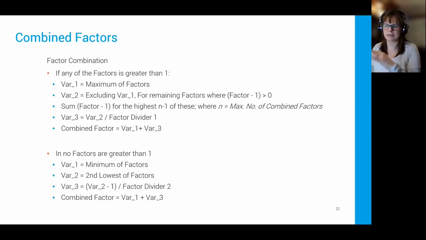And if you've got no factors greater than 1, we're going to take the minimum, and we're going to take a little bit less if you've got more than one that's less than 1 as well. So that's how we combine factors, and you can digest that when we provide the slides to you.